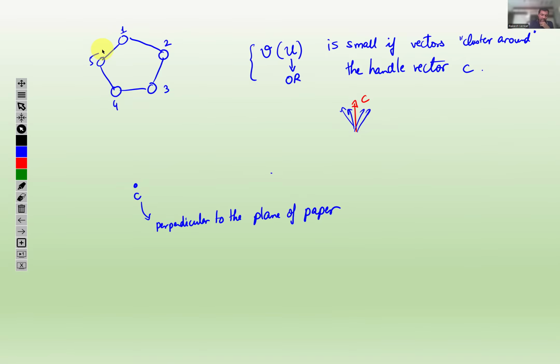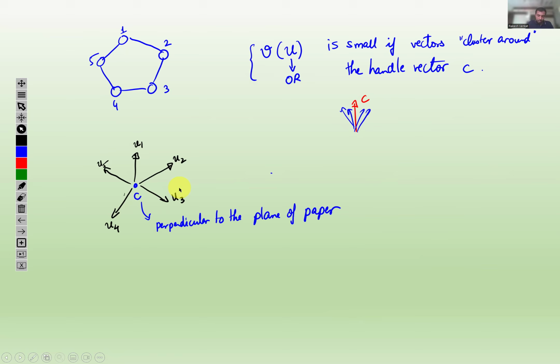Now imagine the following. I start off with a set of vectors that is not an orthonormal representation, but it's a natural one. It's along the edges of a unit pentagon, a regular pentagon. So this is U1, this is U2, U3, U4, and U5. So this is the set of vectors that I start off with.